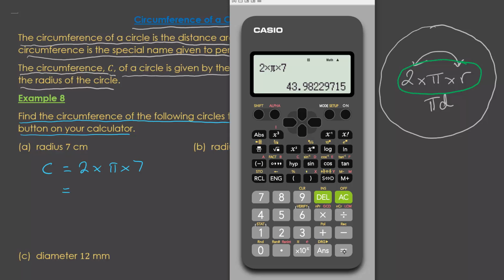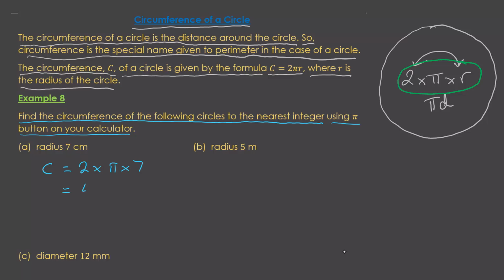And so that is 43.982 and so on. But it wanted it to the nearest integer, and so that is going to be 44 centimeters to the nearest integer.